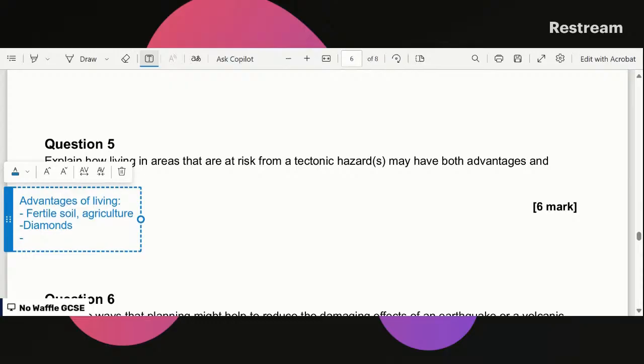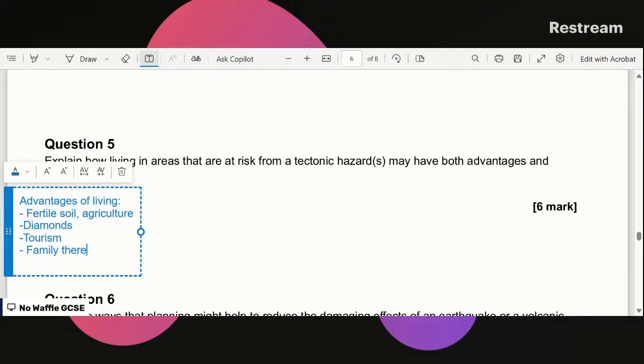Now, some people are saying tourism as well. Tourism is a good one for places like Hawaii. They rely on volcanic tourism to support their economy. Advantages also include that your family is there, because sometimes you don't want to have to move away from your whole family just because of a tectonic hazard.